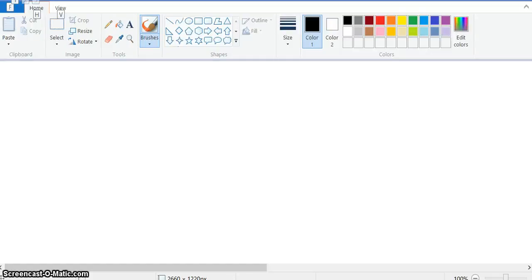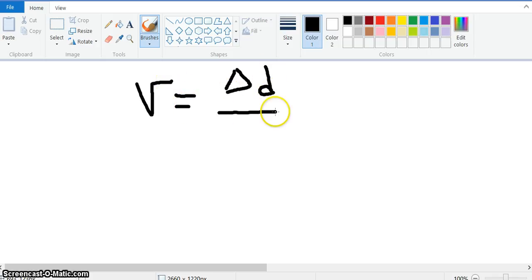This is going to be a velocity example. So here's our equation. The velocity is the change in distance divided by the change in time.